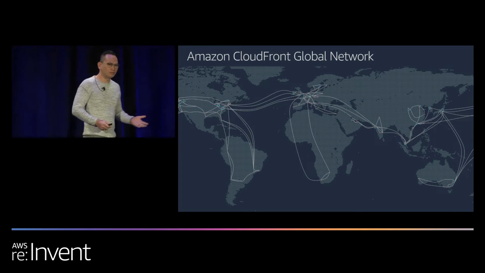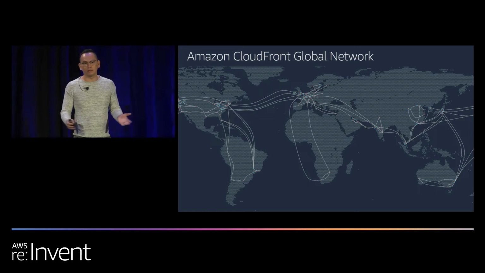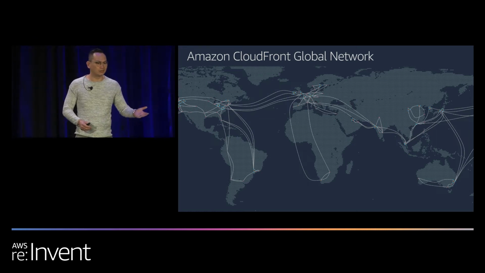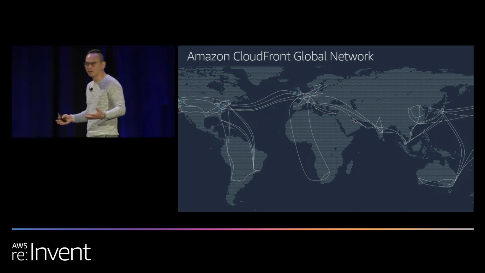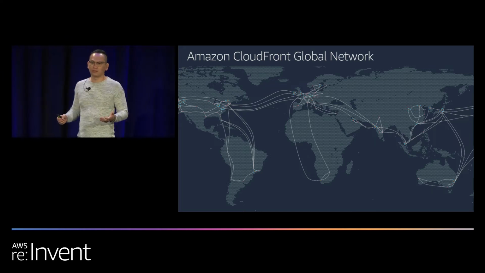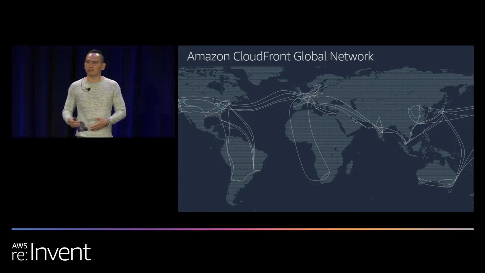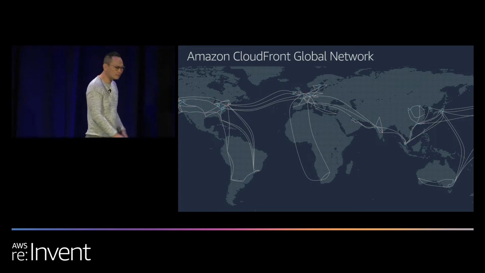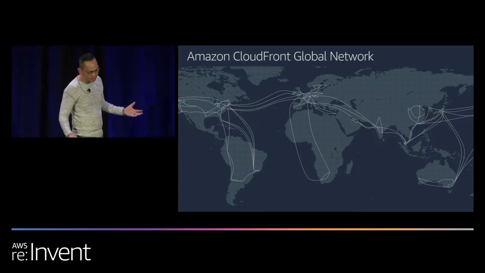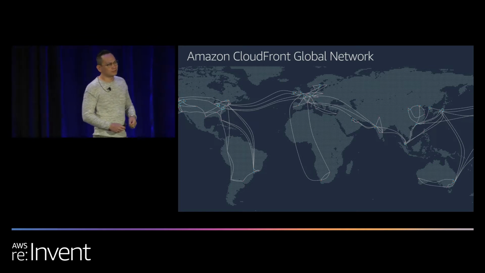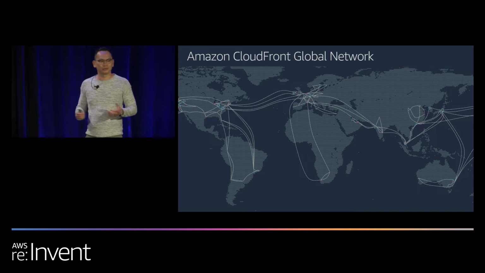I could rent a car and maybe take the inside streets. If I'm lucky, I'll hit all the green lights and get there on time, but usually I'll get red lights and be late. In some cases, I might be able to take the highway, which is usually fast, but if I hit it at the wrong time of the day, I could hit rush hour. If there's a traffic accident, again, I'll be late. Now, in some of these cities, you have very sophisticated metro systems or subway systems.